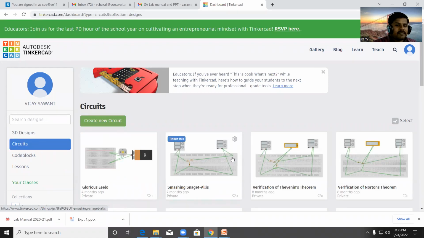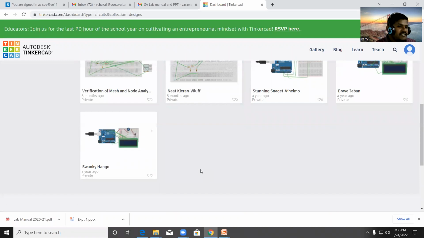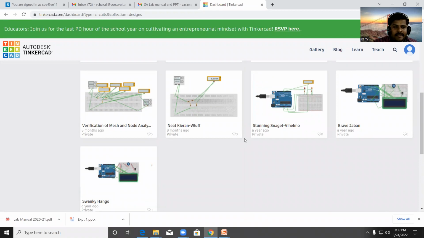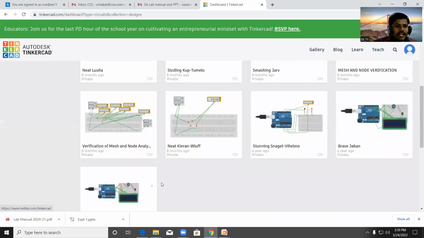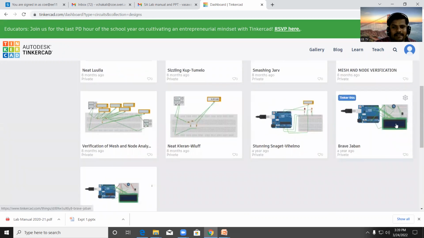I have performed some network analysis practicals in Tinkercad, also some sensor interfacing circuits. Previously I performed this sensor practical using Tinkercad.